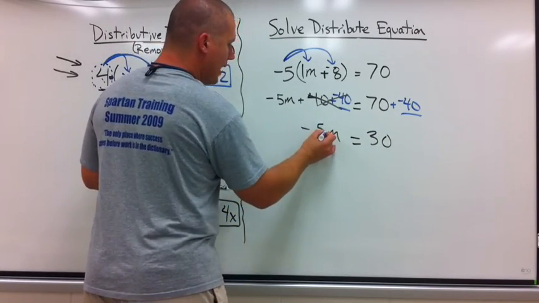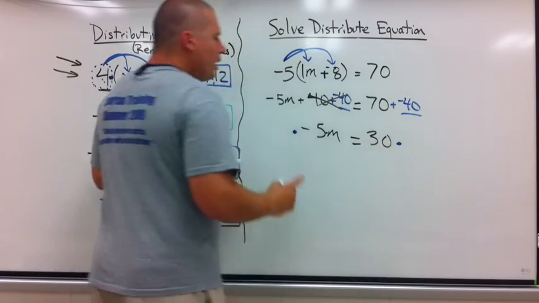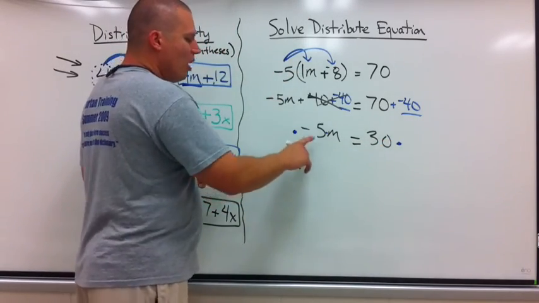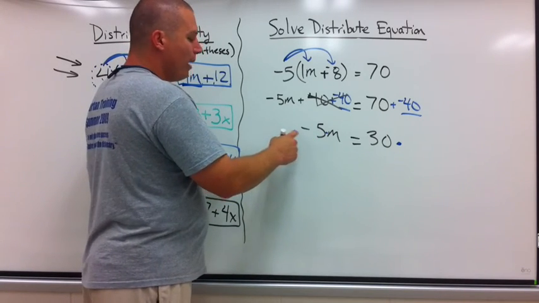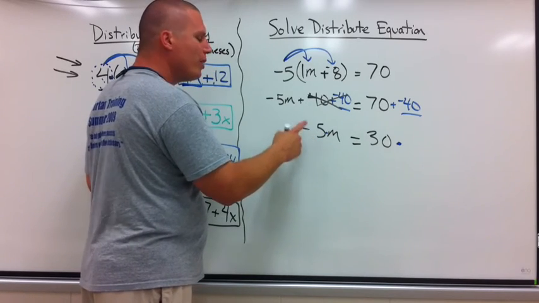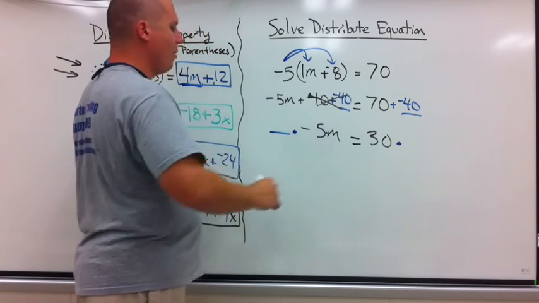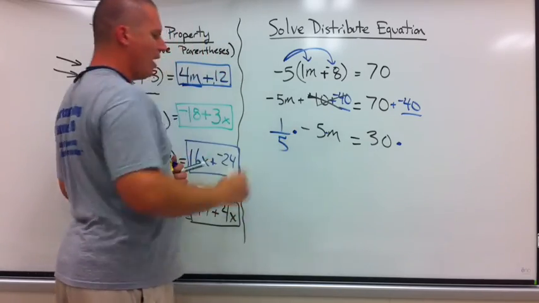This is a multiplied negative 5, so I need the reciprocal. This is where a lot of kids are going to tell me the reciprocal is positive 5. No, positive 5 is the opposite of this. I want the reciprocal. So then they tell me, okay, Mr. Long, the reciprocal of negative 5 is 1 over 5.